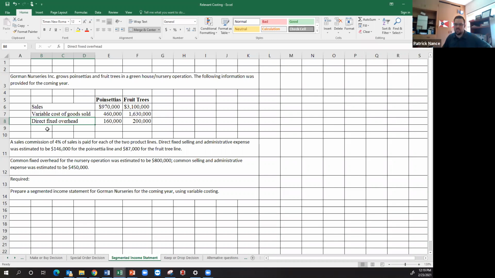So it would stay there whether or not I continue to make that product line. But all this question is asking us to make is a segmented income statement. So for my segmented income statement, I'm going to make columns for each segment: a column for poinsettias and a column for fruit trees.